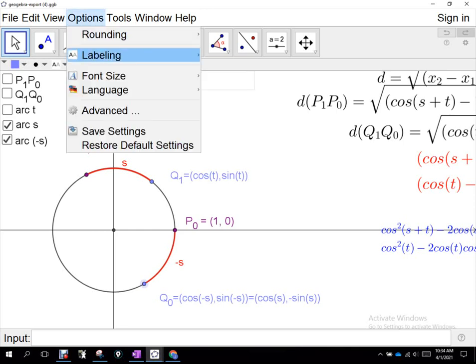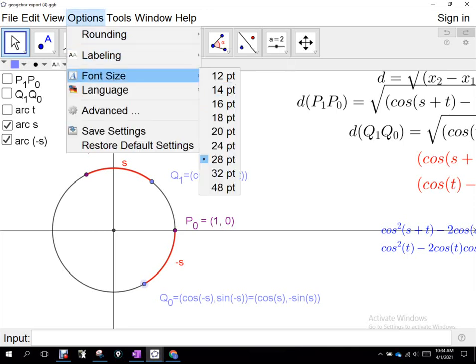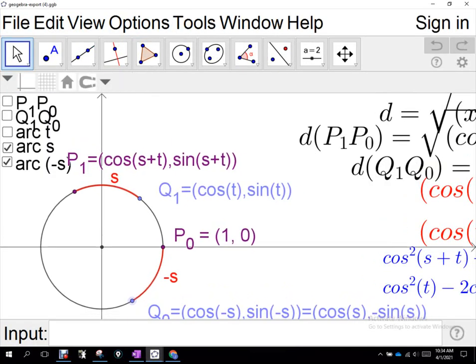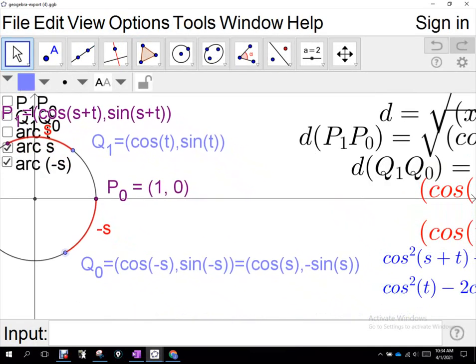But I want to show you just why maybe one of our properties is really nice for us. Cosine of negative S. We have an even-odd property that says the cosine of negative S is the same thing as the cosine of S, right? Is that okay with everybody?